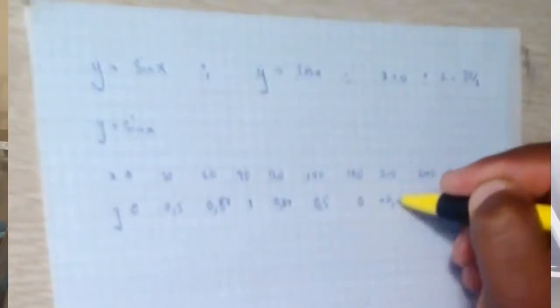Then again, sin 210 gives me negative 0.5, sin 240 gives me negative 0.87, and sin 270 gives me negative 1.